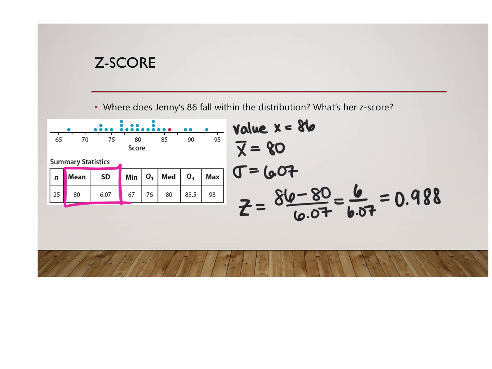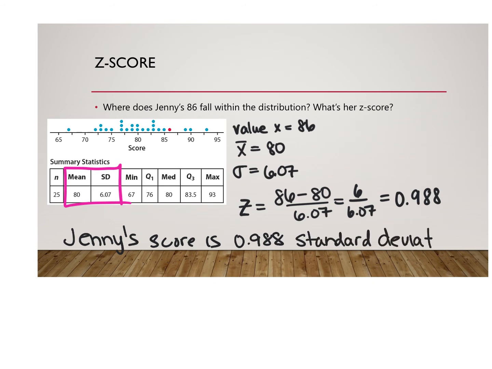So Jenny's score is 0.988 standard deviations from the mean. If it says find and interpret the z-score, that's your interpretation. Jenny's score is 0.988 standard deviations from the mean.